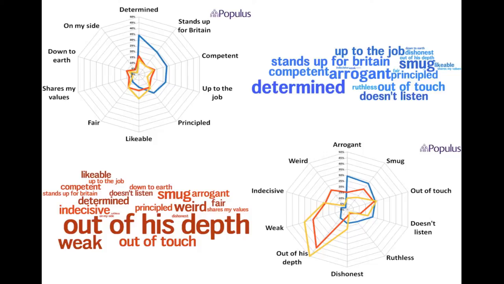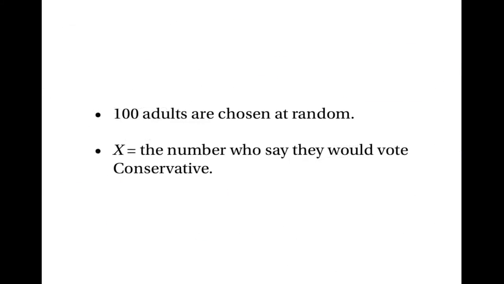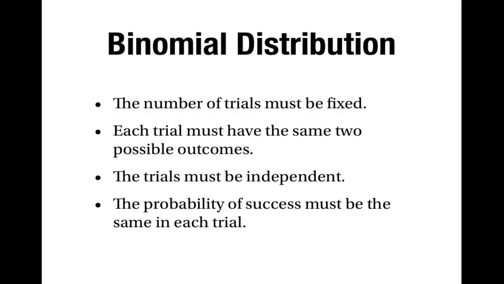My last example is to do with politics. Suppose we choose 100 adults at random and we count the number who say that they would vote Conservative. In this situation, the number of trials is fixed because we're asking 100 people. It's also true that the trials have the same two possible outcomes.